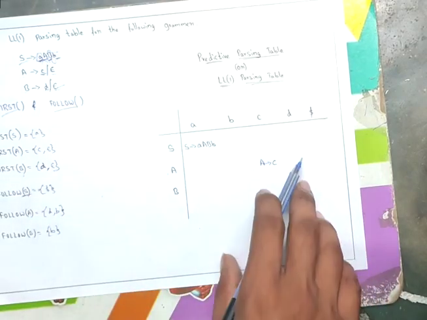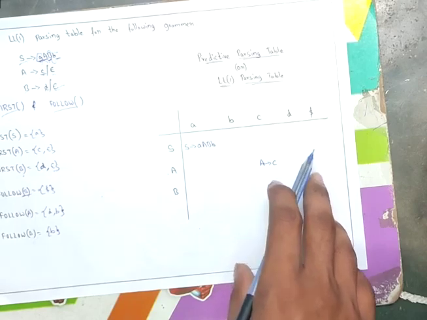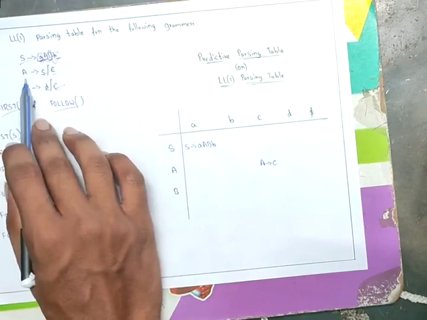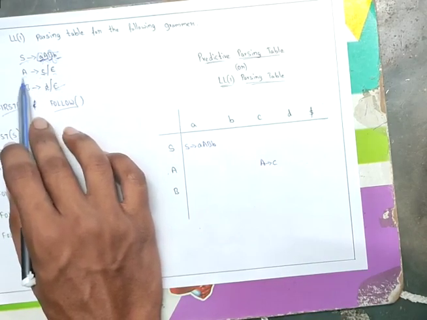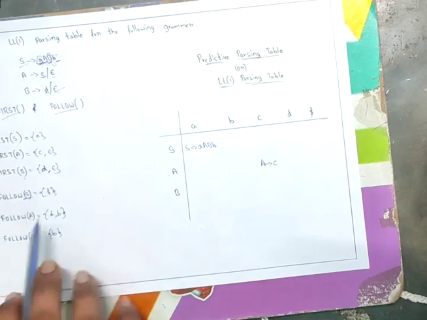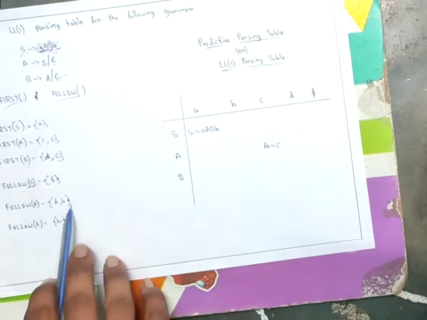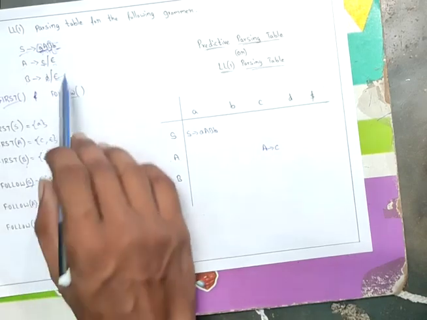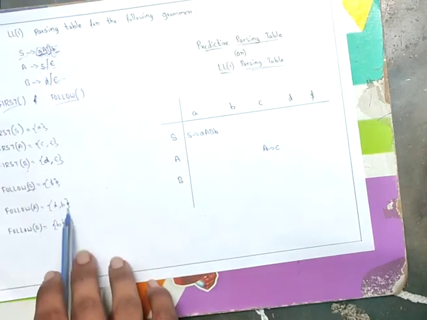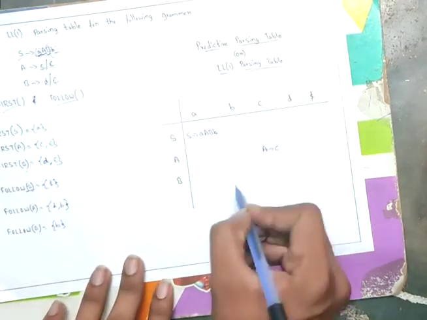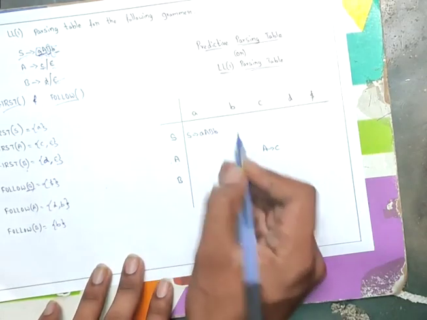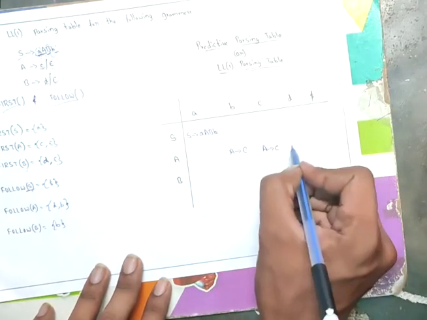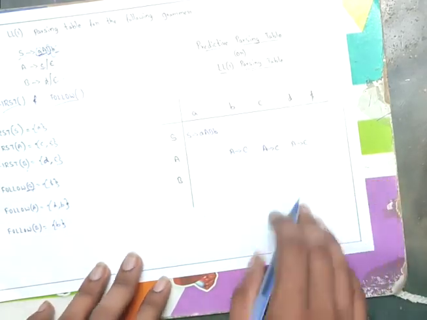Epsilon is not involved in the LL1 table, so we have to consider the follow rules of the LHS. The LHS is non-terminal A, so we have to consider the follow of A. Follow of A contains the elements small d and small b. So we have to write this production rule under small d and small b. So here A goes to epsilon, and here A goes to epsilon.